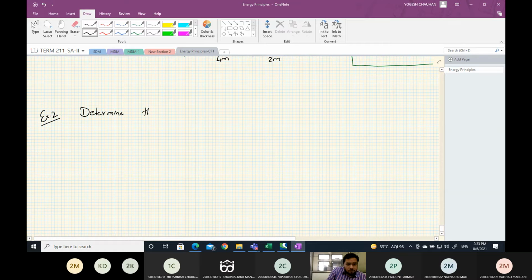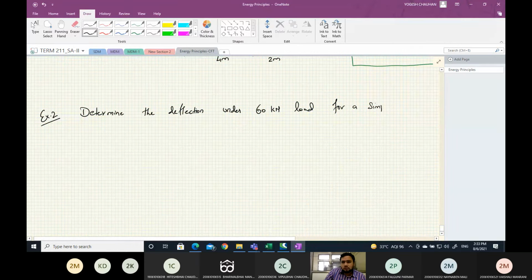Determine the deflection under 60 kN load for a simply supported beam as shown in figure.